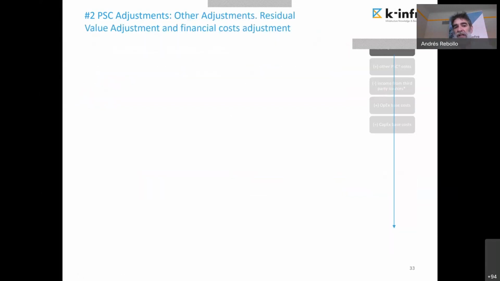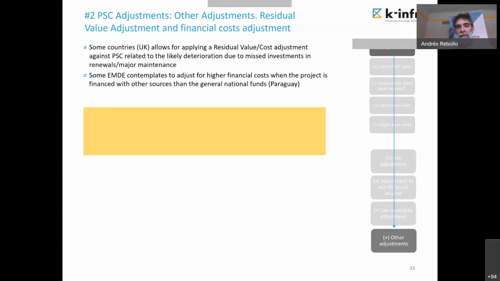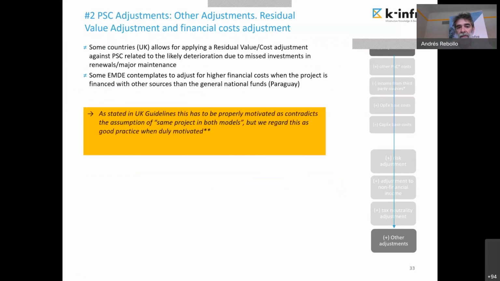Okay, and other adjustments that are not included in the CP3P guide: residual value and financial cost adjustment. Residual value, I already commented. Okay, even if it's contradicting the assumption of same project in both models, this is good practice if it's duly motivated. So we are deviating here from the CP3P guide.